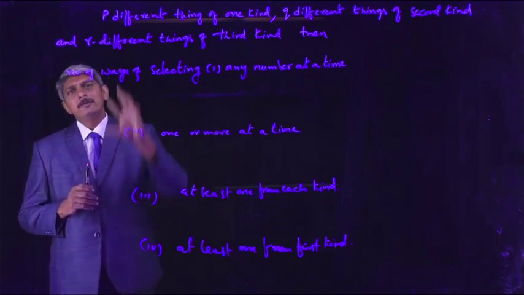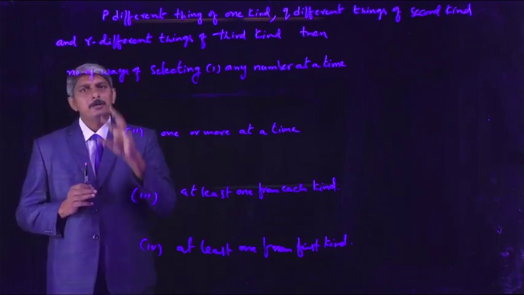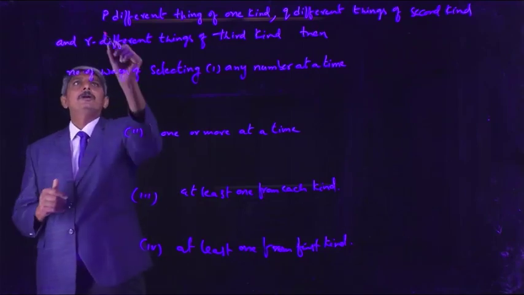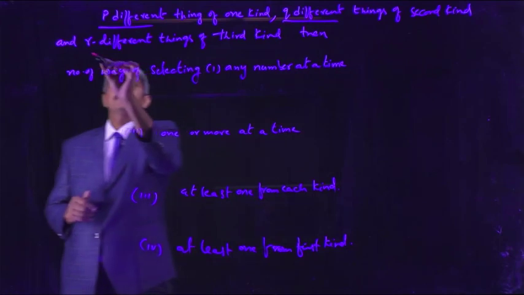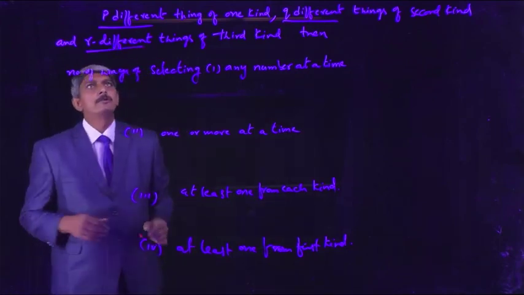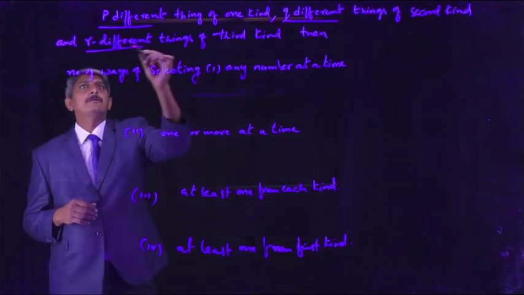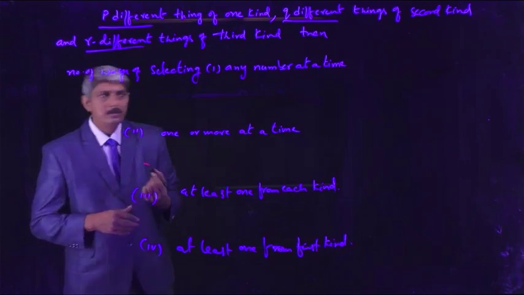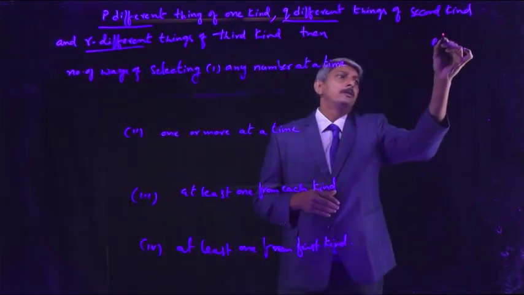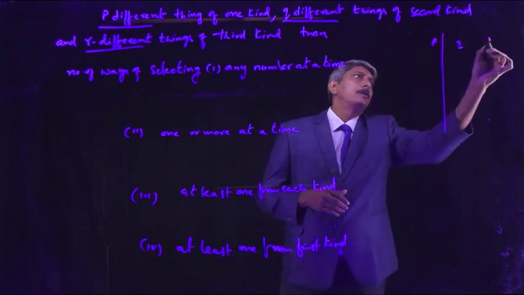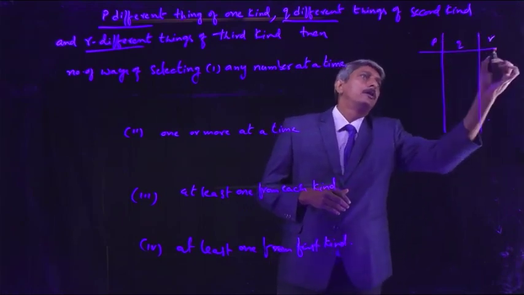But what is the difference between the previous formula and this formula? In the previous formula, P like things, Q like things, R like things, but in this problem P are different, Q are different, and R are also different. Now again, here P, Q, R, how many possibilities?